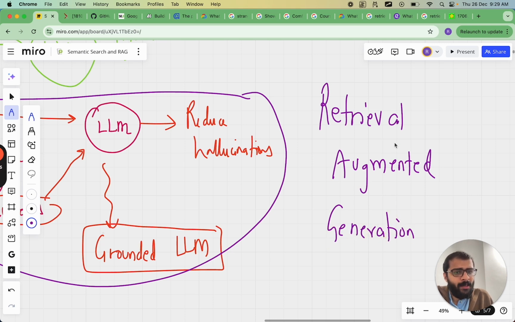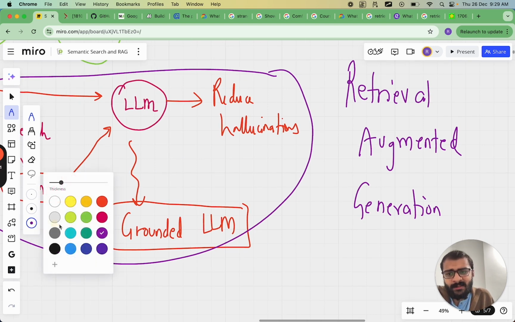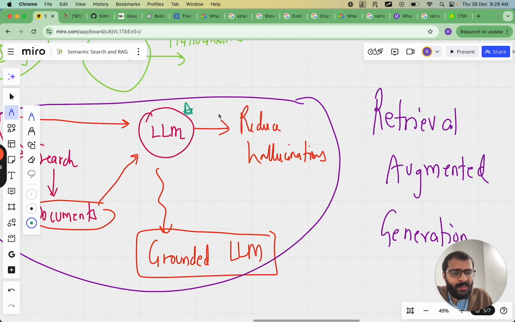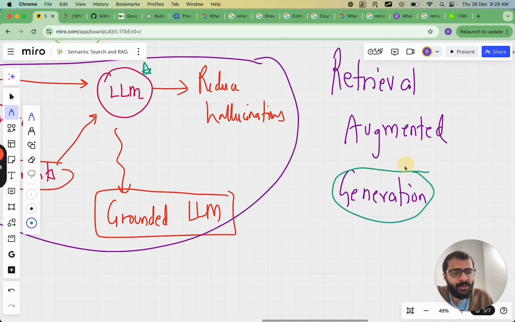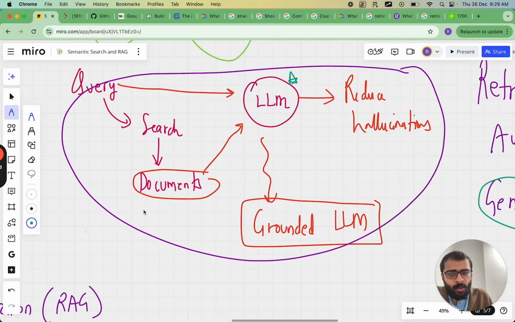Why is it called Retrieval Augmented Generation? Let's deconstruct this step by step. First, we are generating something. We still have a large language model at the end, so this is a generative model. That's why generation comes into the picture. But now the first step, where we are doing the search and retrieving the documents, is where retrieval comes into the picture. We are retrieving the documents related to the query through a search, and the LLM takes assistance of these retrieved documents to provide the answer.